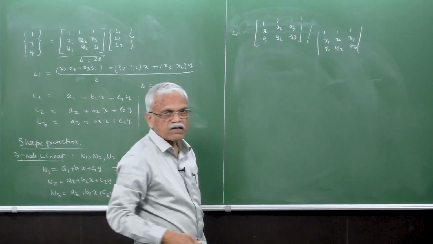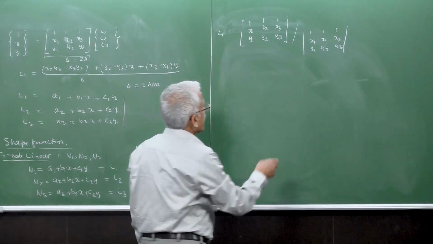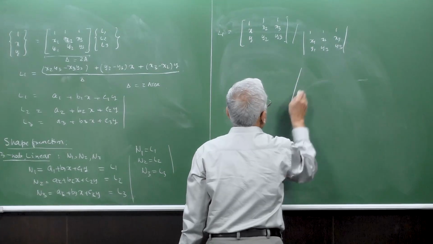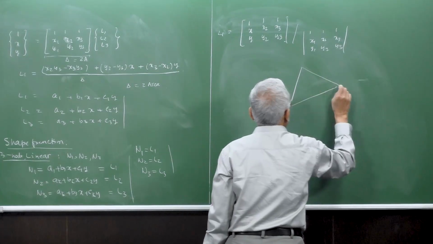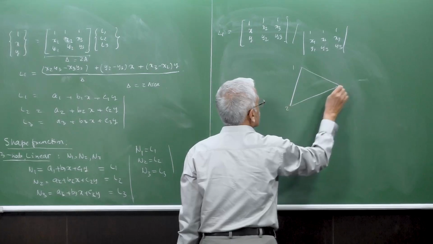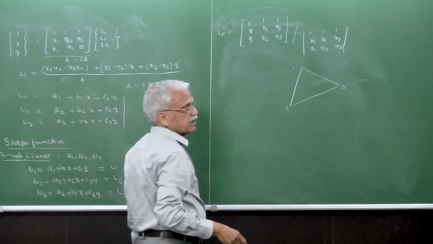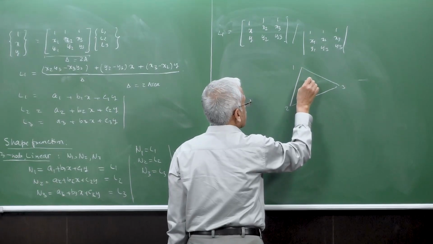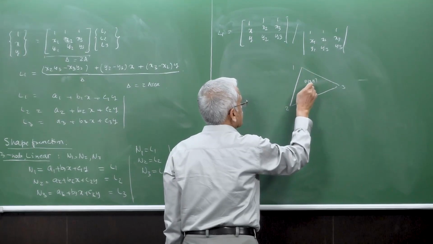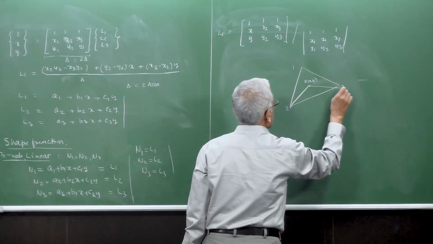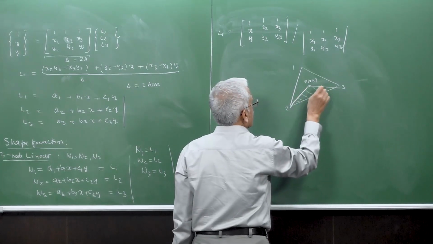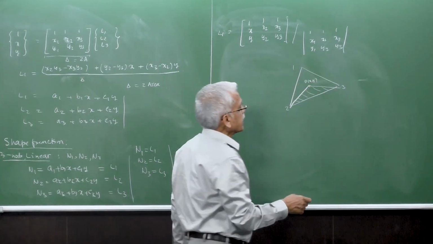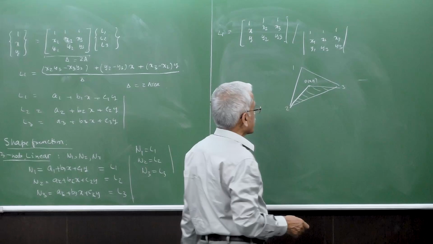So what does this L1 mean then? If you have the point P here, xy, with vertices one, two, three, this is nothing but twice the area of this triangle, and this is twice the area of the total triangle.